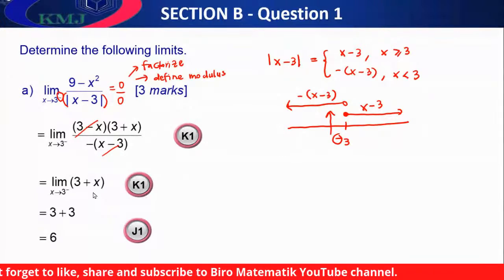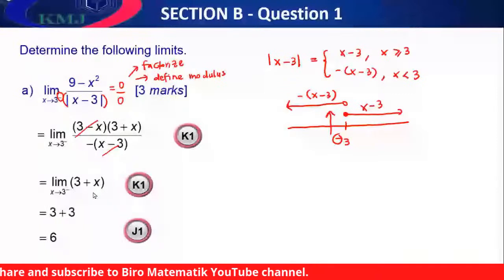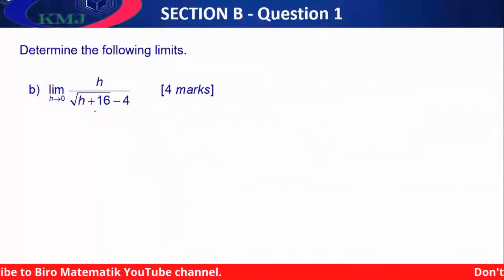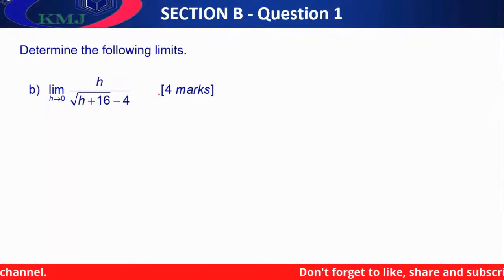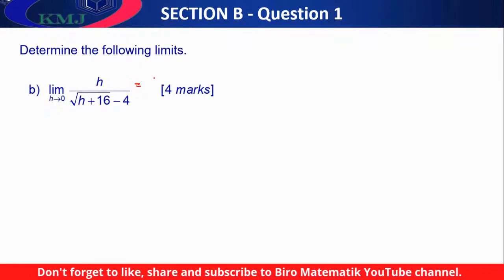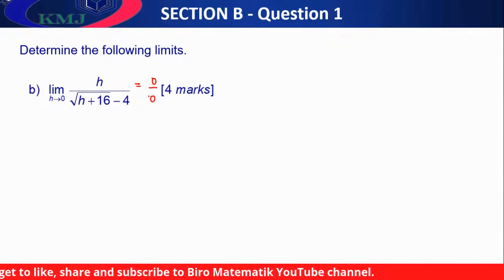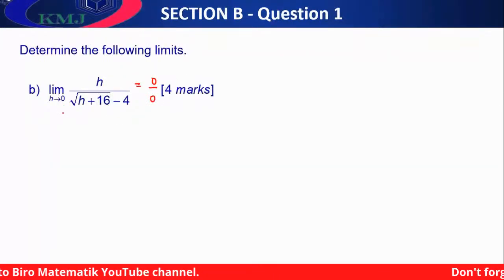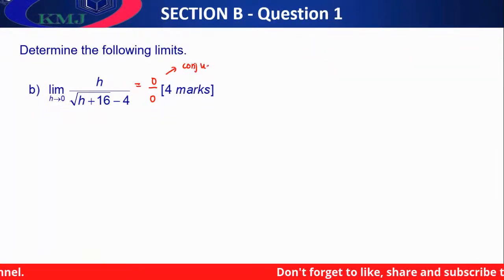Question 1B. You have the limit of h divided by square root of h plus 16 minus 4 as h approaches 0. Substitute h with 0, we get 0 divided by 0. Since we have a square root function in the denominator, we need to conjugate it.